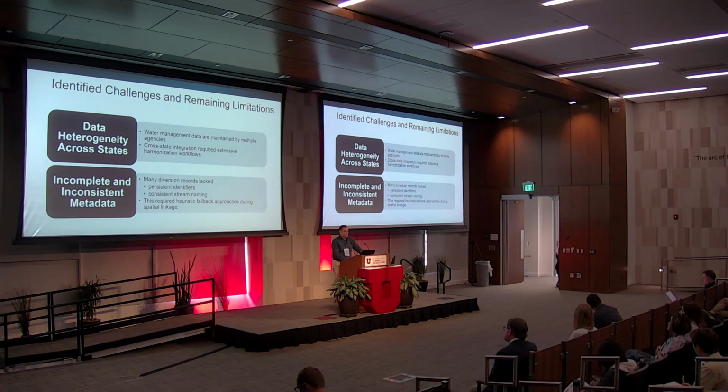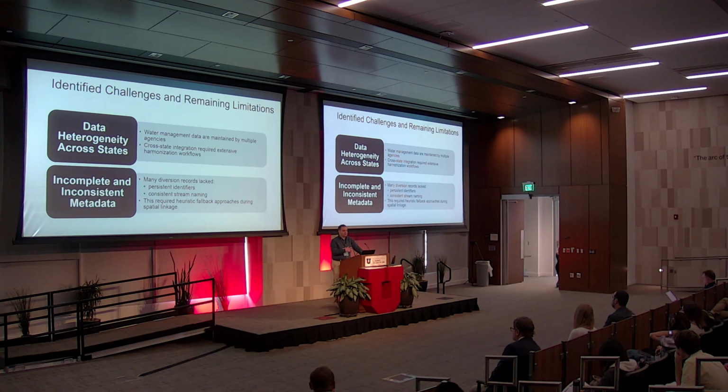The second challenge was incomplete and inconsistent metadata. Many diversion records lacked persistent identifiers or consistent stream naming. For example, here in Utah, the diversion records were tied to diversion gauges, not the actual point of diversion, which created many problems for us.